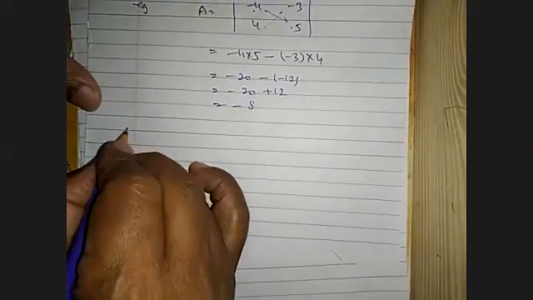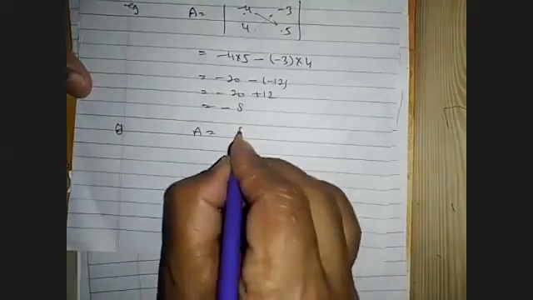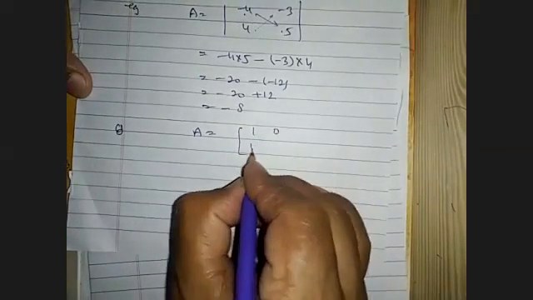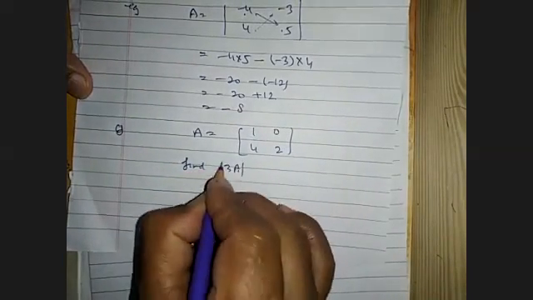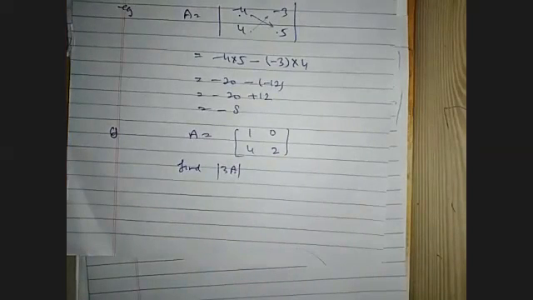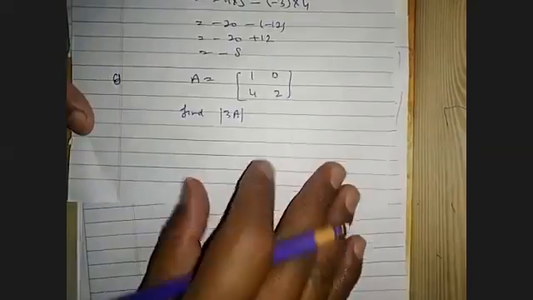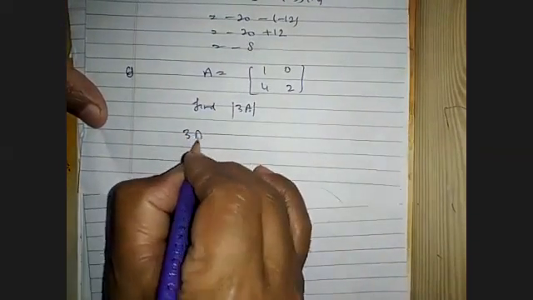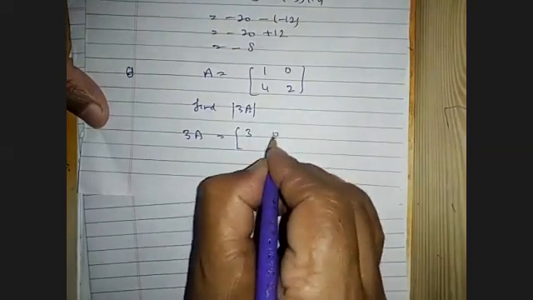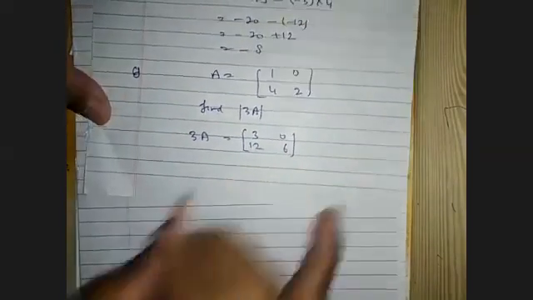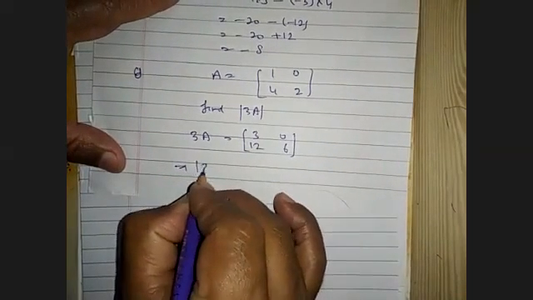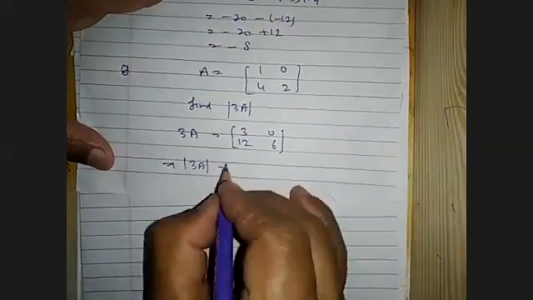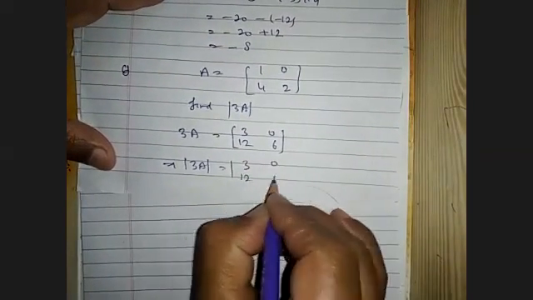Now take a question: if A is a matrix of order 2 with entries 1, 0, 4 and 2, find the determinant of 3A. What does this mean? First find the matrix 3A, multiplying each element of this matrix by 3, then take the determinant. 3A is 3, 0, 12 and 6.